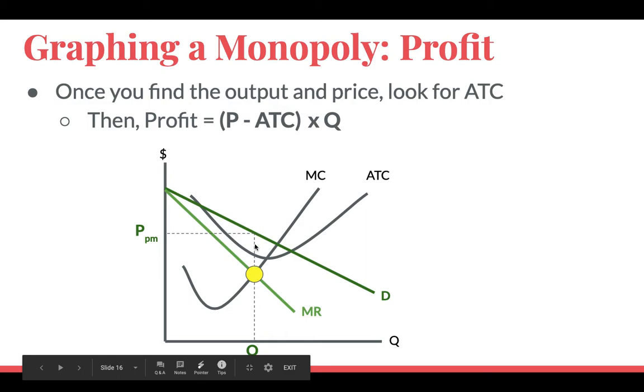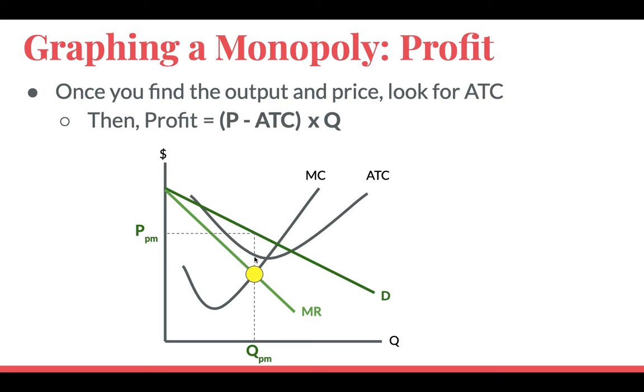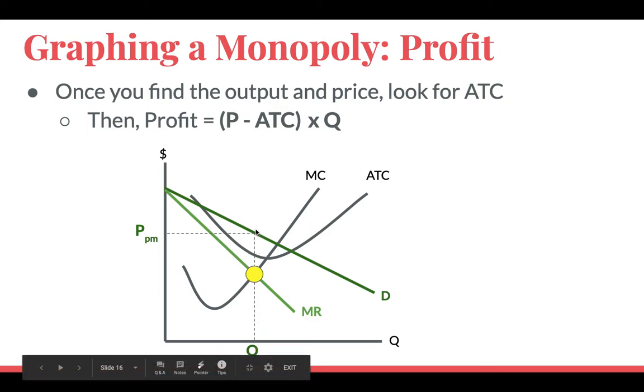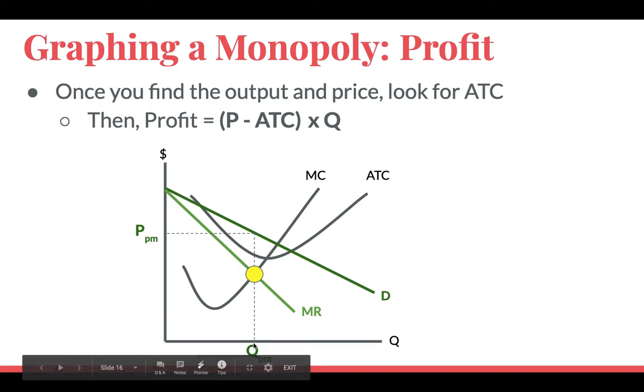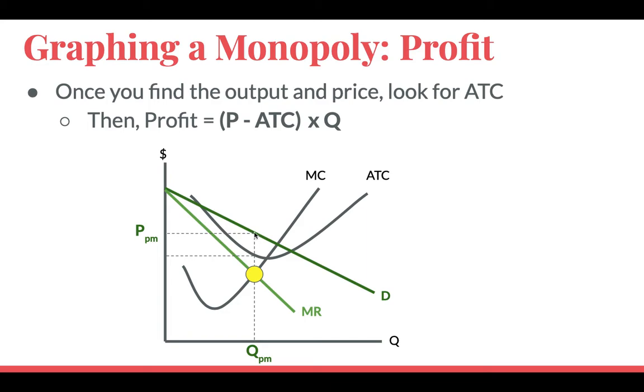So all that matters is what falls on this particular X value or this quantity. So here's my price at the demand curve. If I go down from that curve, here is where the ATC runs through this particular X value.